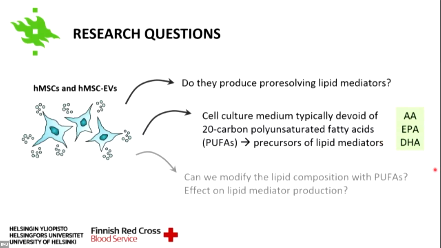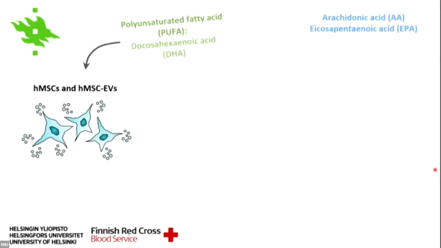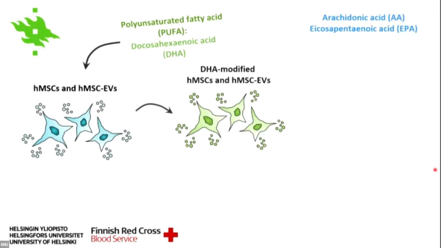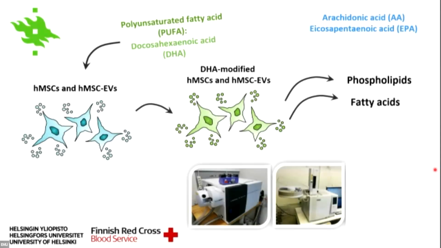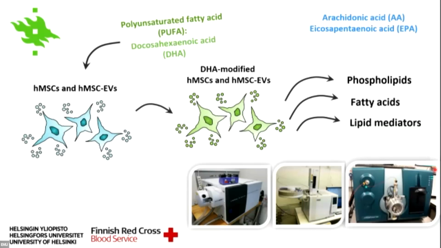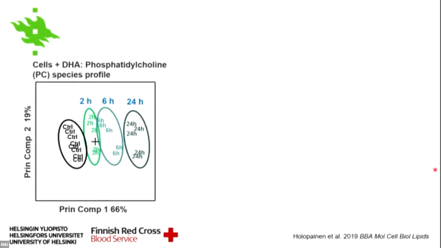So we wanted to give the cells these fatty acids and see if we can modify the membranes, and whether it has an effect on the lipid mediator composition. And so we gave the cells these fatty acids, here as an example, DHA. Then from these modified cells, we looked at the phospholipid composition, fatty acids, and also lipid mediators.